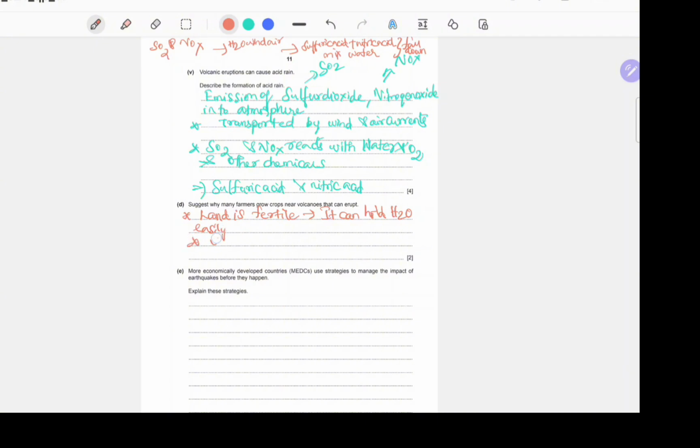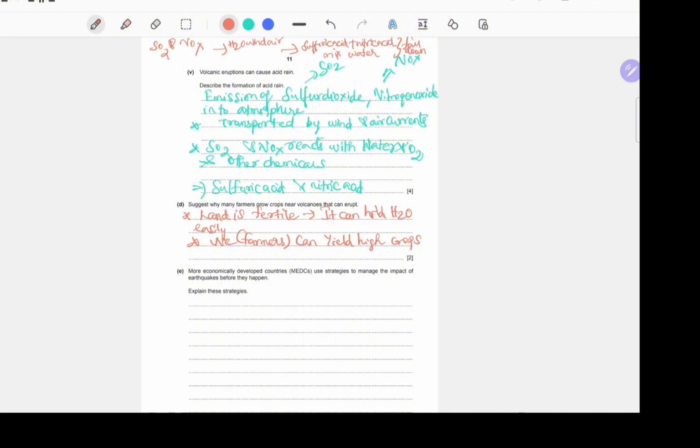So the farmers can get a high yield when they do agriculture there. Okay, they produce abundant or high yield crops.